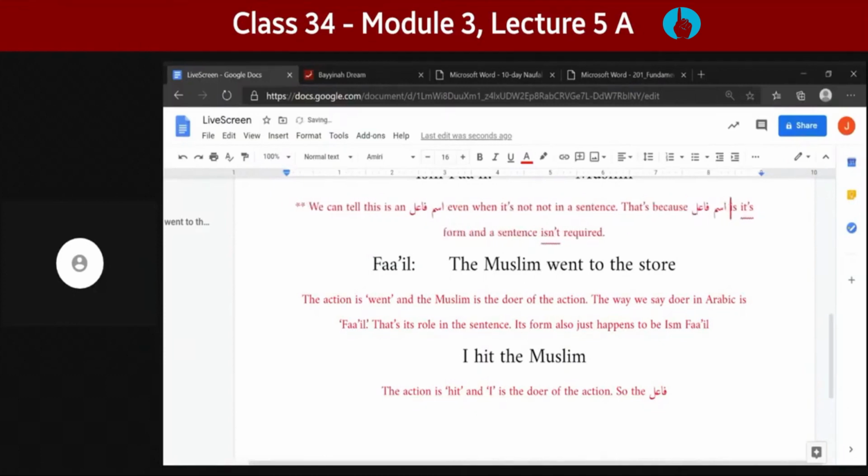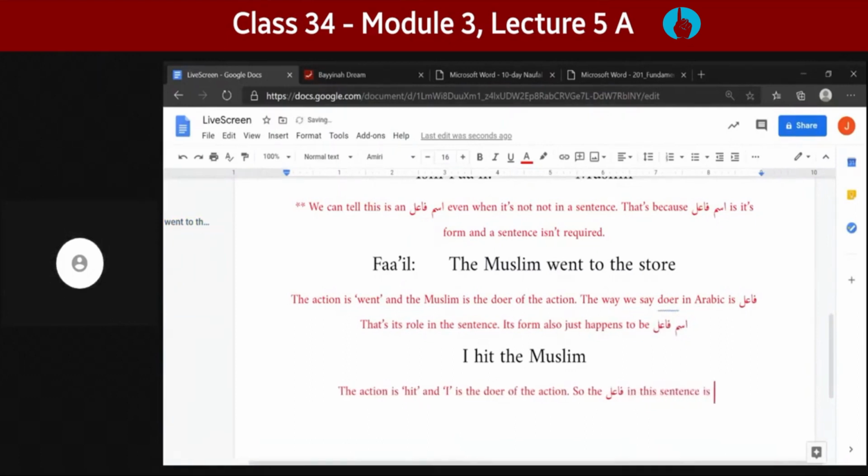Okay, so the fa'il in this sentence is the pronoun I. The form of I is not ism fa'il.